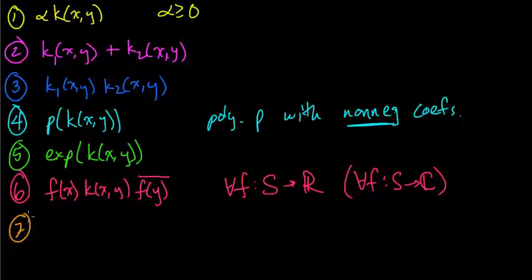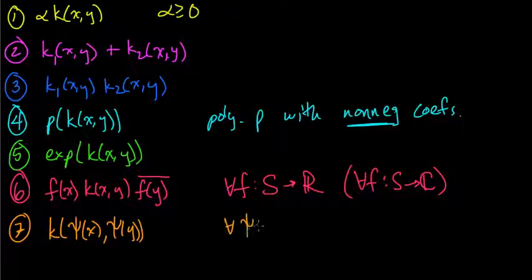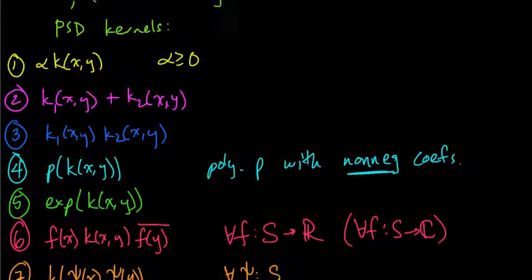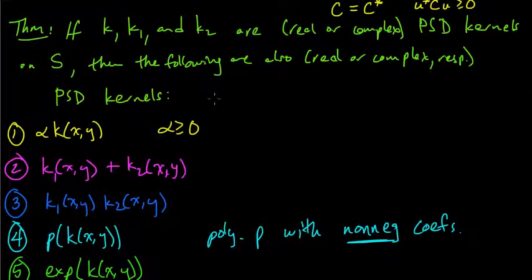And 7 says that if we precompose k with some map psi, so in other words, we take k of psi of x, psi of y, then this is a kernel for any map psi. So far all our x's have been in s. All of our x's and y's, all the arguments to this kernel have been in s.